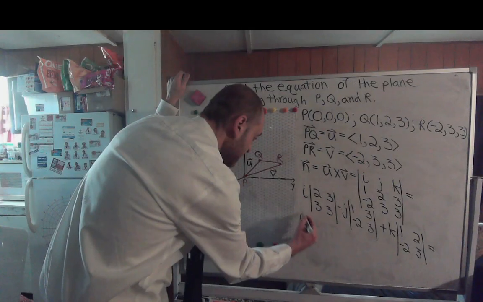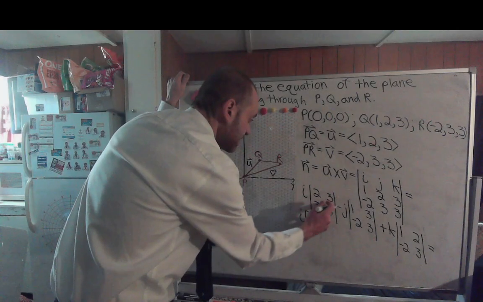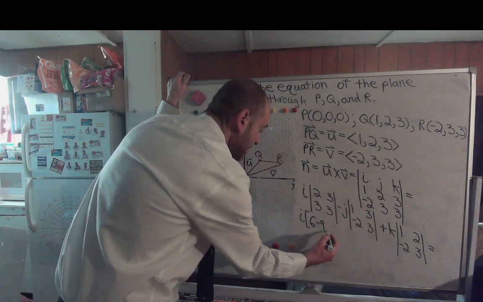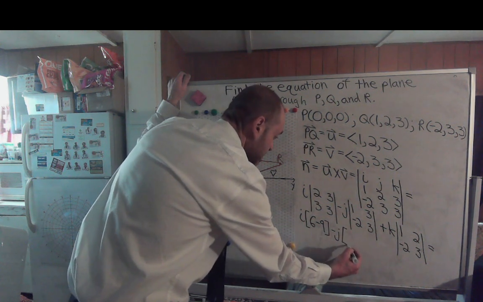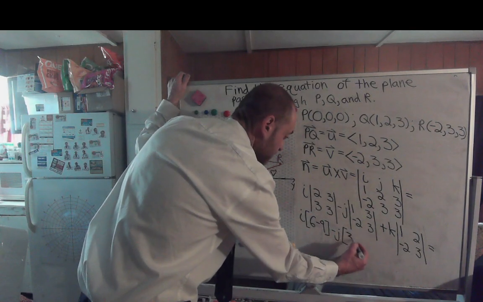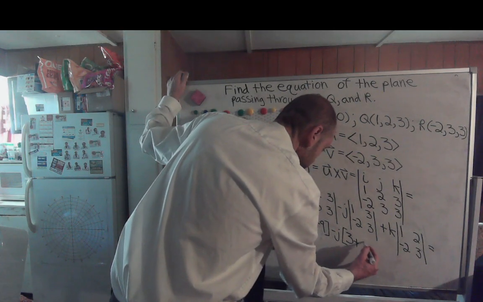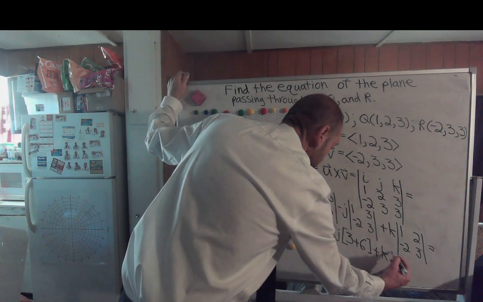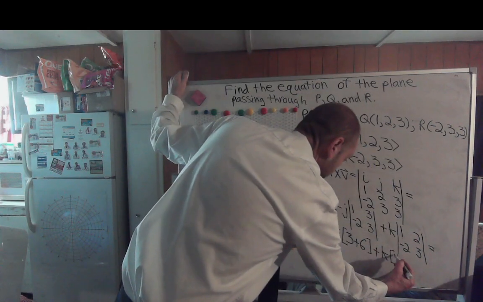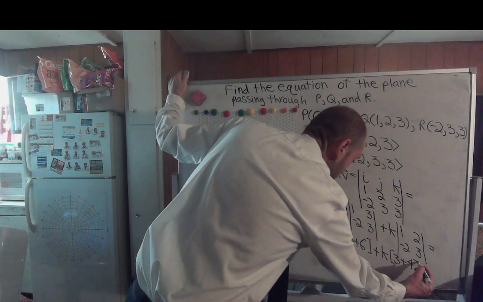Now let's do the determinant work here. You would end up getting i times 2 times 3 is 6, minus 3 times 3, that's minus 9. Then you'll have minus j times, let's see, 1 times 3 is 3, and then -3 times -2, that's going to be positive 6, plus k times, all right, 1 times 3 is 3, minus 2 times negative 2, that's plus 4.